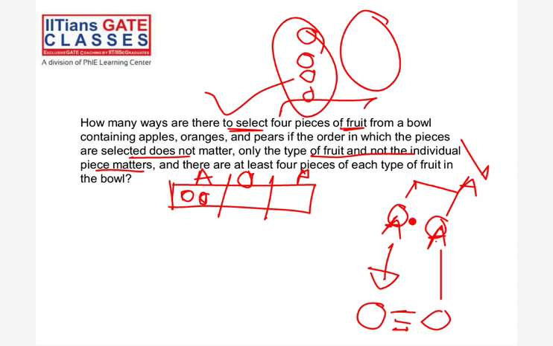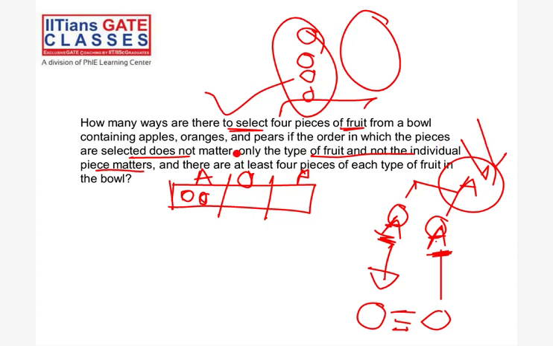If they were different, let's assume this is a fresh apple and this is maybe a Kashmiri apple, at that time you could have said that okay, there are two ways. But we are saying that they are perfectly identical. Or we can say that it does not matter which piece you select, as long as you are selecting an apple.